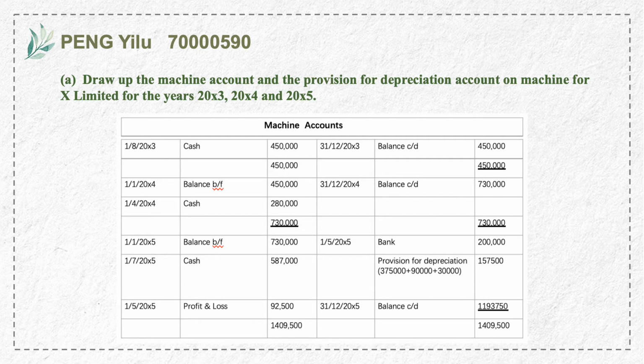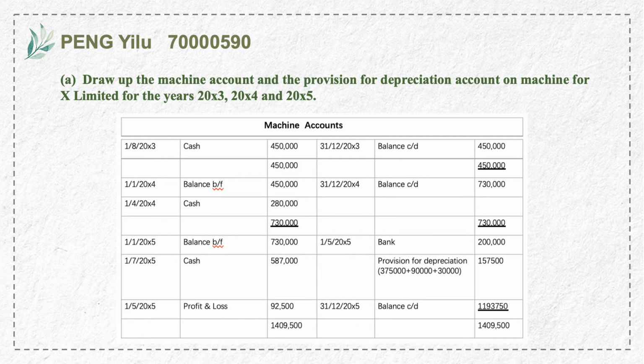And we bought a machine Z106 on 1st July 2000 X5 year, so we write down the 587,000. But we also sold out the Z104 for 200,000, so we write down 200,000 on the right.